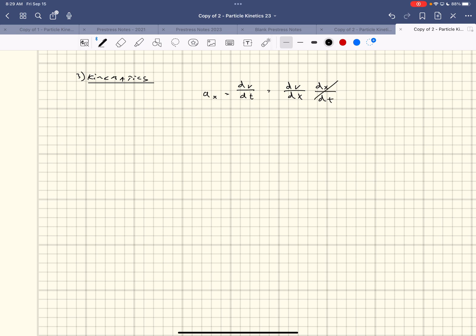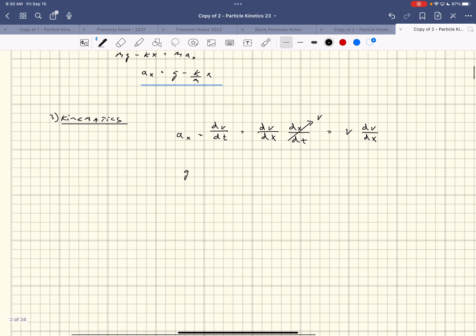This dx dt is just the velocity. This becomes v times dv dx. Put all the x's on one side, so my ax, we just solve for it, g minus k over m times x dx is equal to v dv.